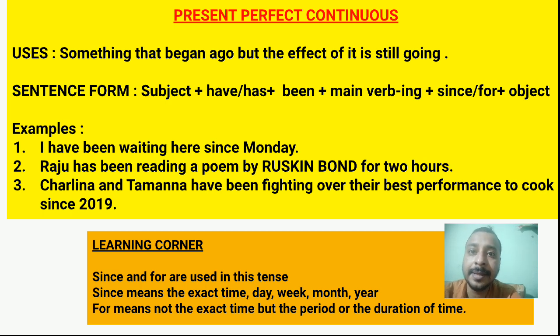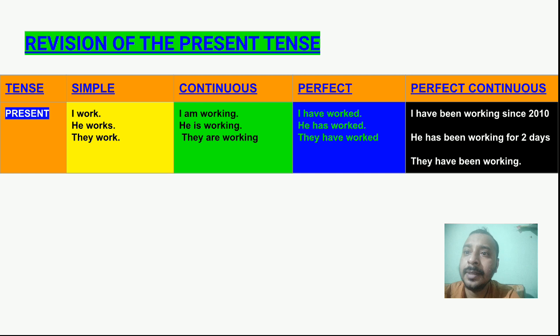Now let's revise, revision of the present tense. You see the screen and you can automatically see the differences here. Simple present tense, I have given examples. I work, he works, they work. Why he works?